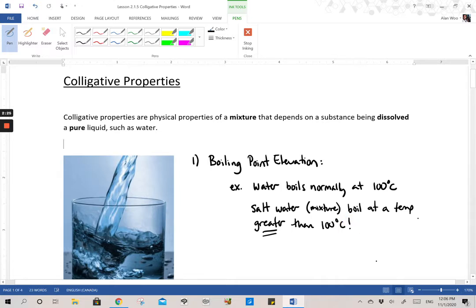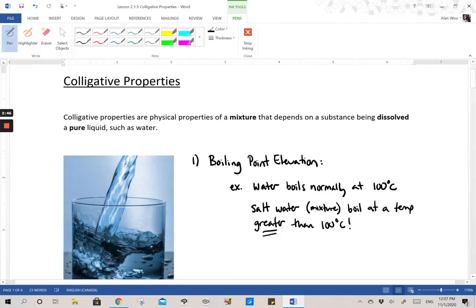Okay, and that is known as a colligative property. So when a substance's boiling point temperature changes because you've dissolved something into that liquid, you have altered its physical property. And that property is called a colligative property.